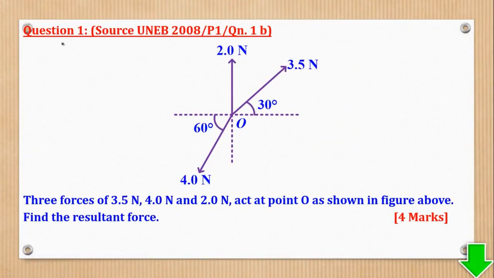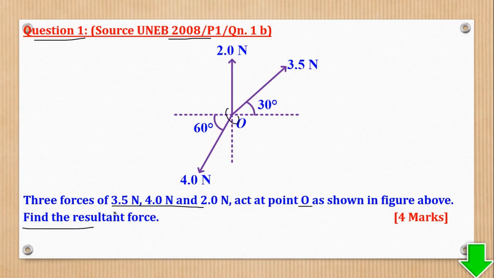So now that we know how to get the magnitude and direction of a vector and also how to resolve a vector, we can use that knowledge to go through some of the questions in the UACE question bank. So question 1 came from UACE 2008, paper 1, question 1b, and it says 3 forces, these ones, act at point O as shown in the figure above.